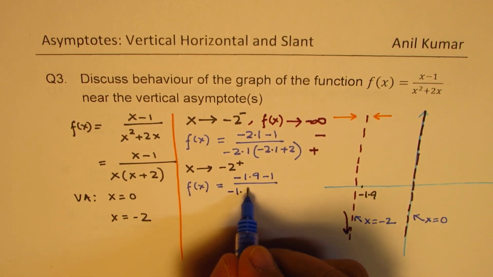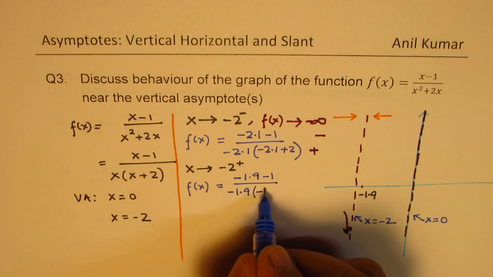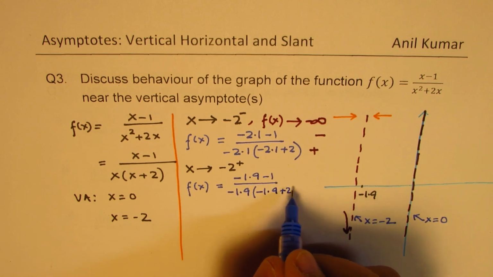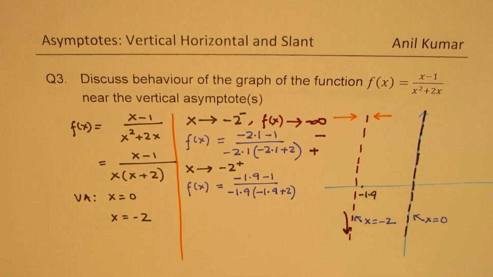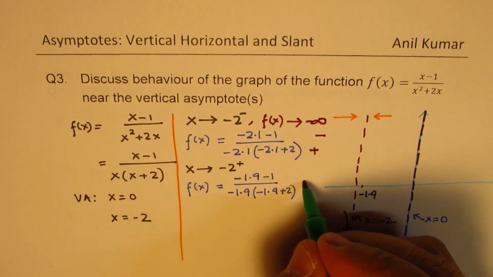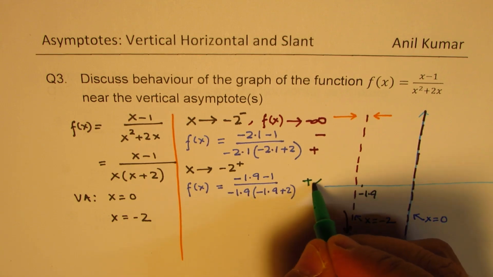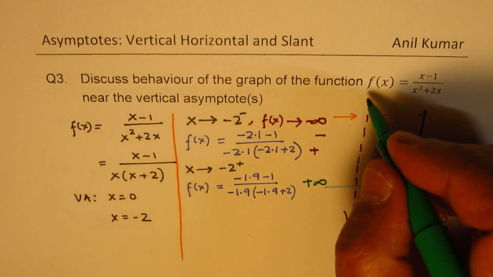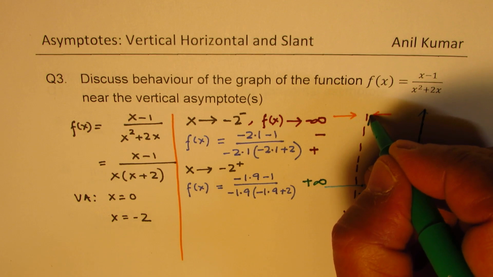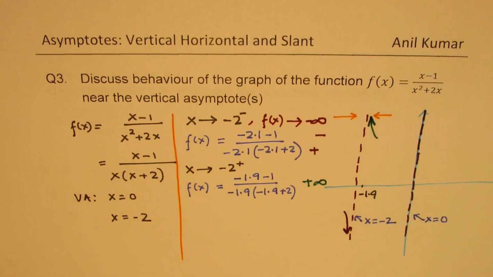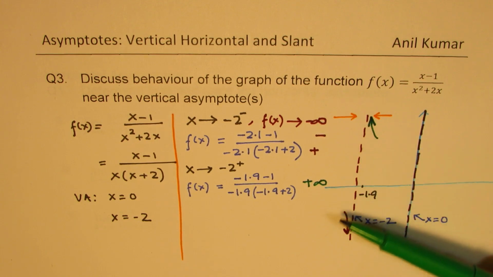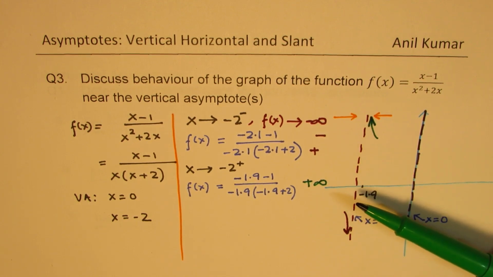For the denominator, we have minus 1.9, and here we have minus 1.9 plus 2. Now this part is positive. So what we get here is negative and negative, right? So that results in a positive infinitely large value. So from this side, it approaches positive infinity. Is that point clear to you? Correct? So that is called behavior near the asymptote.